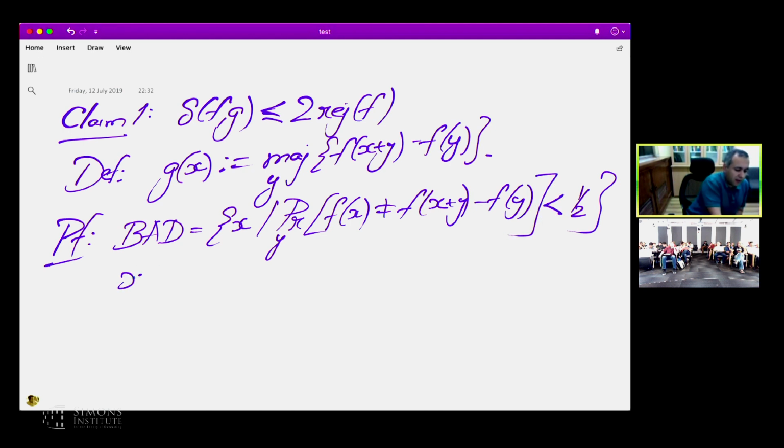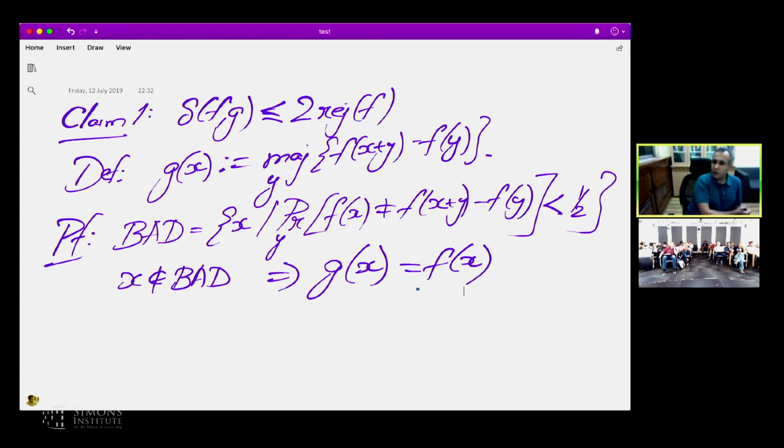It's clear that if x does not belong to bad, then by the way bad is defined, g of x is equal to f of x. The majority value agrees with f of x. This implies that delta of f, g is always less than or equal to the fraction of bad elements.